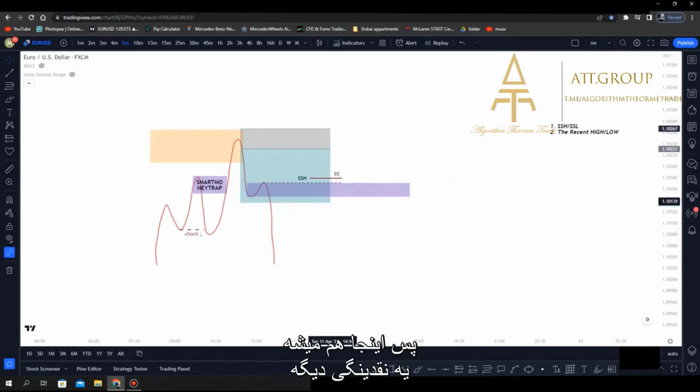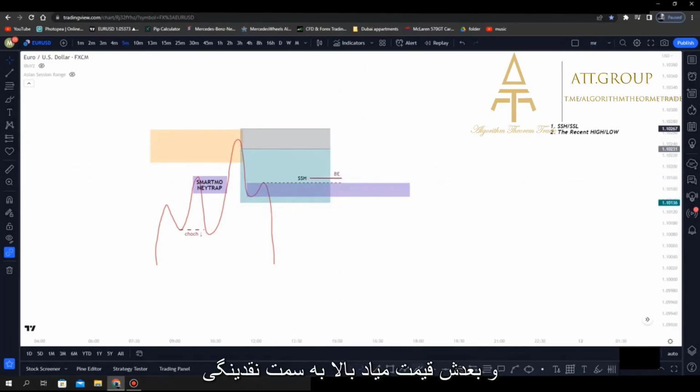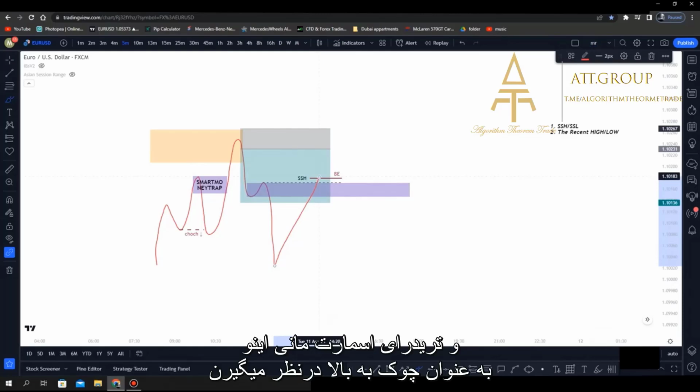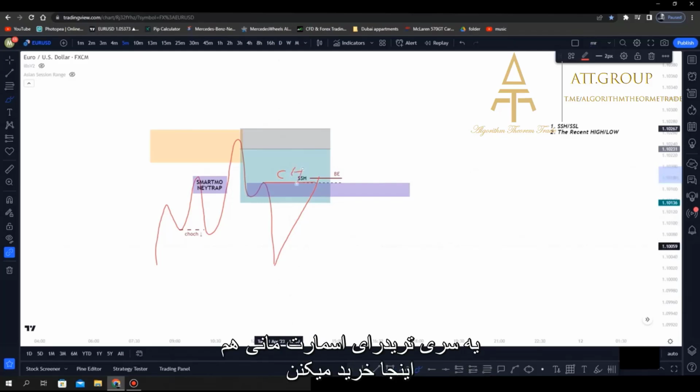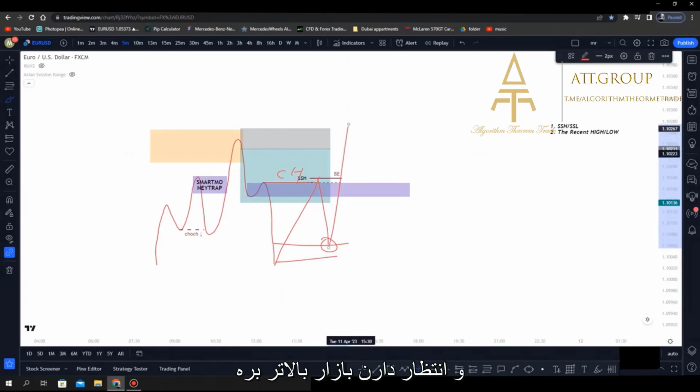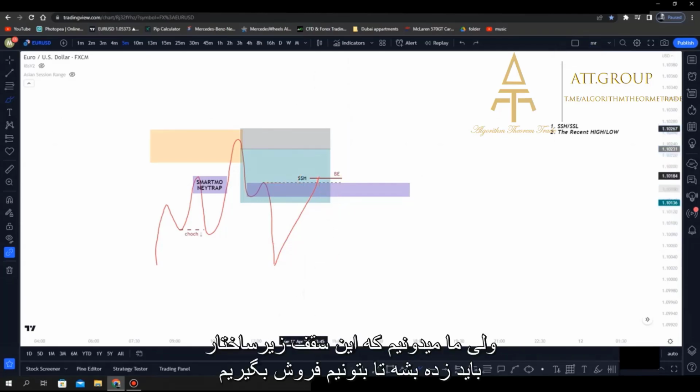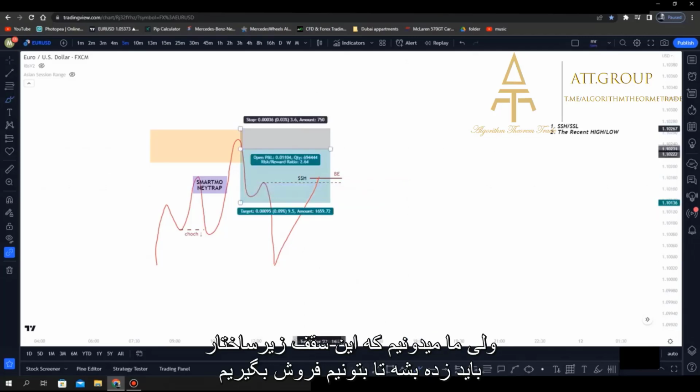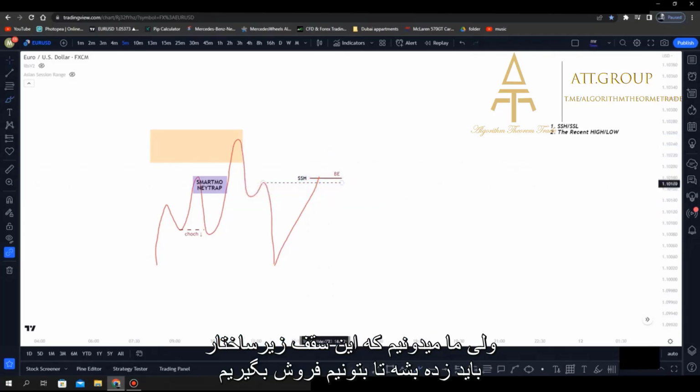So this is another liquidity. Then we get a sweep on liquidity, and smart money traders see this again as a change of character to the upside. So some smart money traders will be buying from this to take the market higher, but as we know, this substructure high needs to be taken for us to take the market lower.